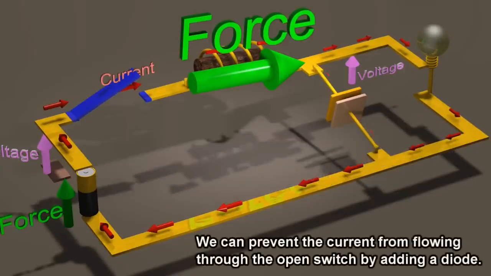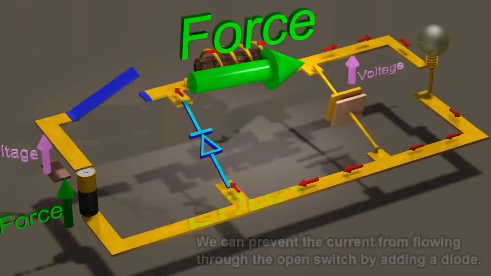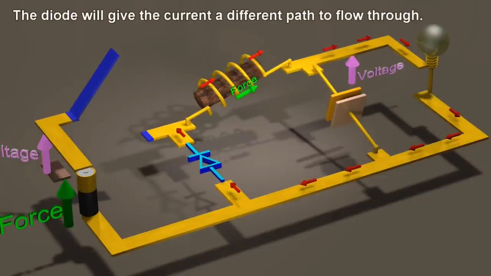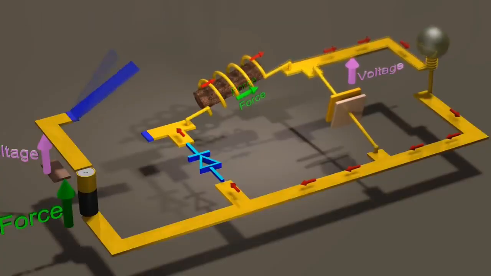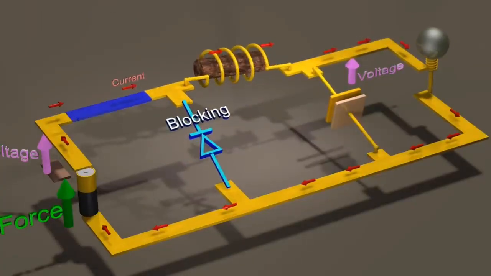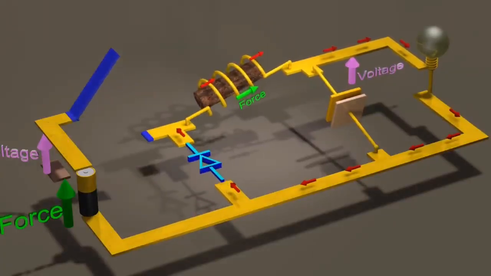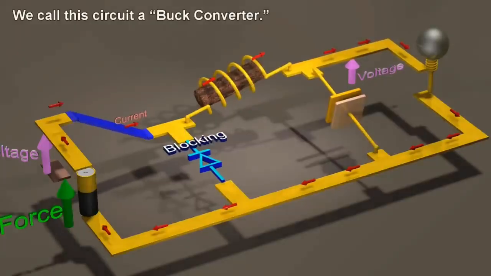We can prevent the current from flowing through the open switch by adding a diode. The diode will give the current a different path to flow through. We call this circuit a buck converter.